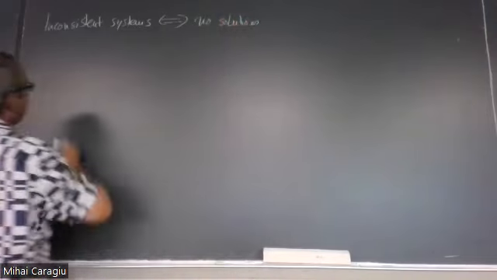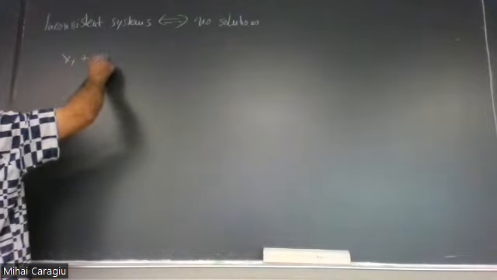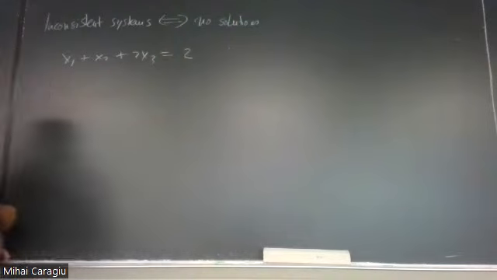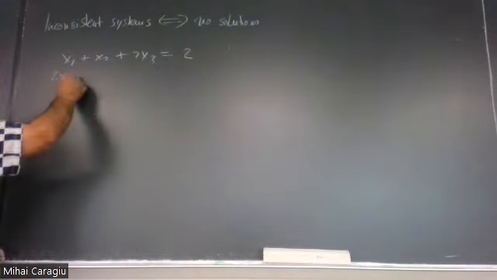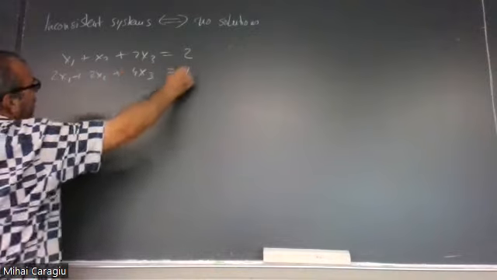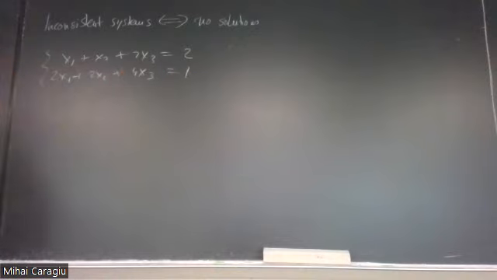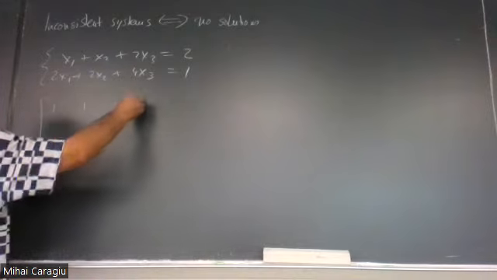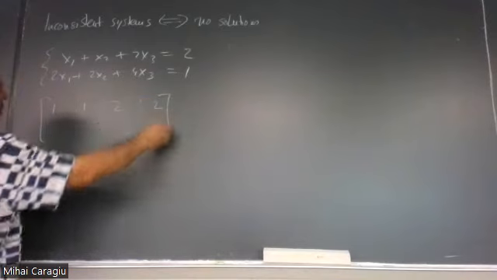So the system is, let's say, x1 plus x2 plus 2x3 equals 2, 2x1 plus 2x2 plus 4x3 equals 1. Look at this system. Let's try to use our usual method to solve it. Augmented matrix: start with 1, 1, 2, 2.